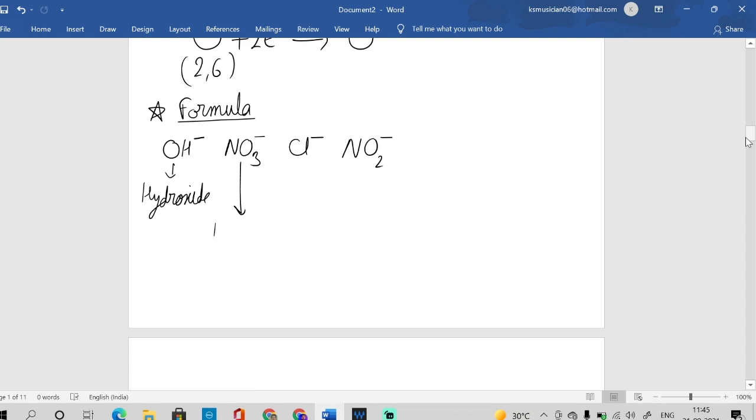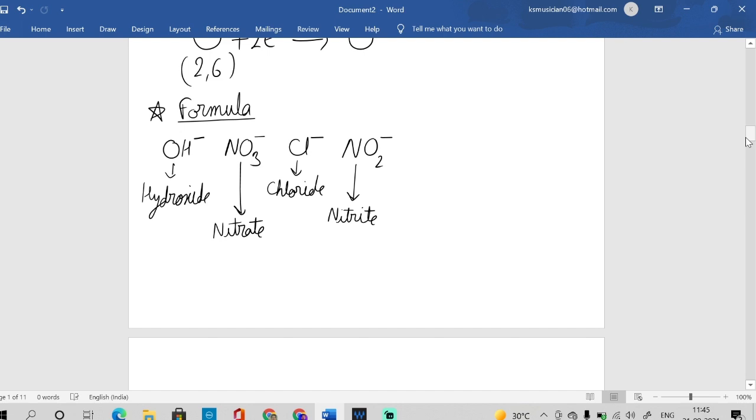It is called nitrate. It is chloride. It is nitrite.